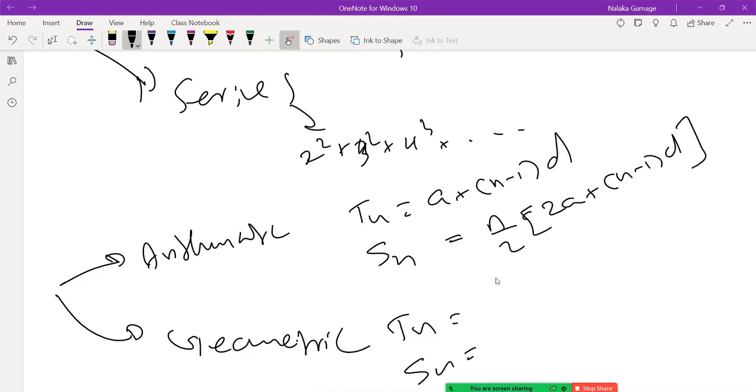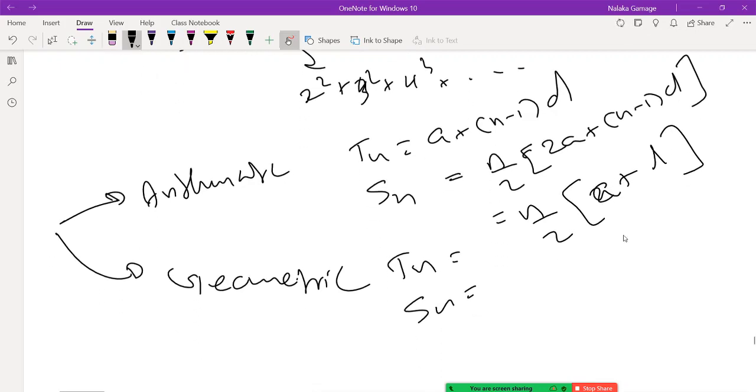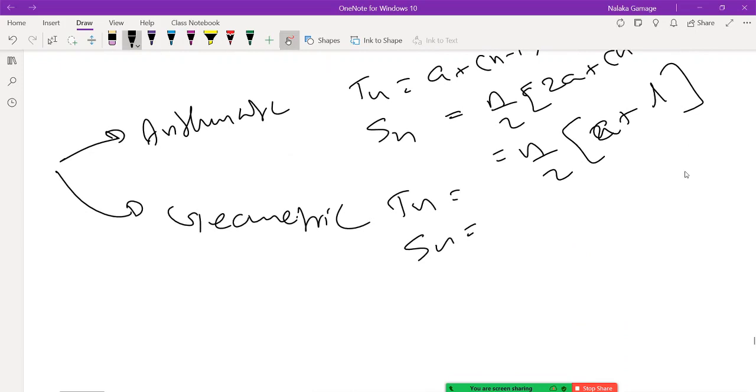Or if you know the last term, you can write it as n divided by 2 times a plus l, where l is the last term. Arithmetic sequence is a sequence having a common difference. Common difference means the difference between two consecutive terms, that is the immediate right term minus its left term.